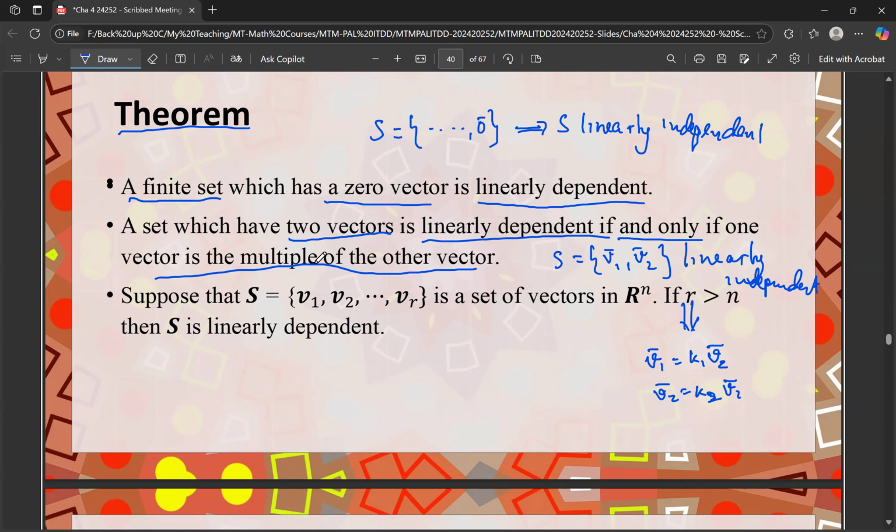So they must be multiples of each other.